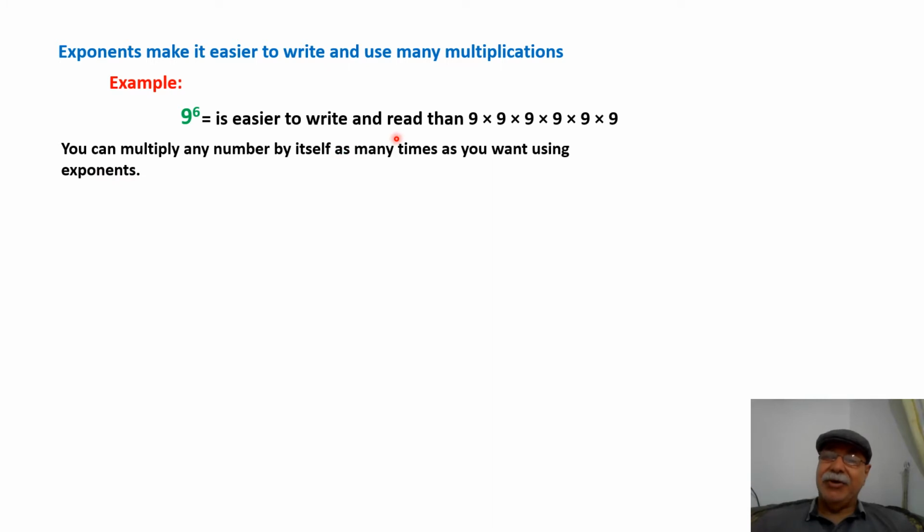That's why, instead of writing like this, mathematicians do it like this in mathematical language. Here it could be 9 power 10, 9 power 14, 9 power any number, but it's better to write like this.